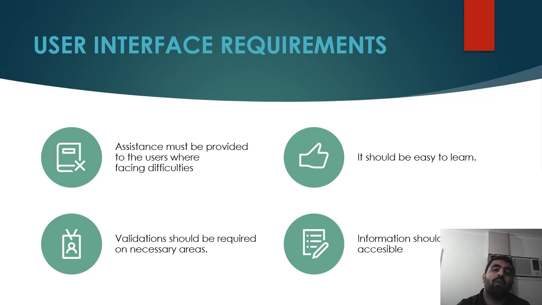Validations must be required on certain steps like passwords and OTPs, where there are necessary fields where validation is required. Also, the information must be accessible. Sometimes the information is not accessible and various links lead to others. So basically the information must be precise and specified in the interface.